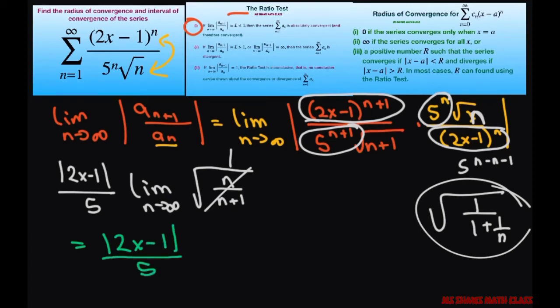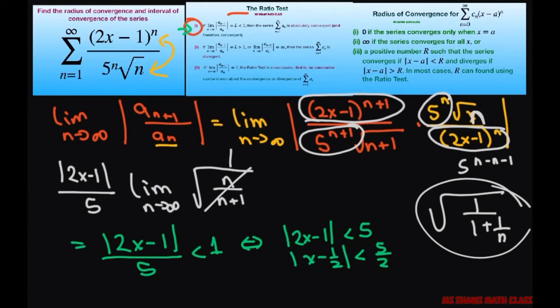So it converges by condition 1 of our ratio test if this is less than 1. So this only happens, if you cross multiply, when the absolute value of 2x minus 1 is less than 5, or you can write absolute value of x minus 1/2 is less than 5/2. I just divided each piece by 2.